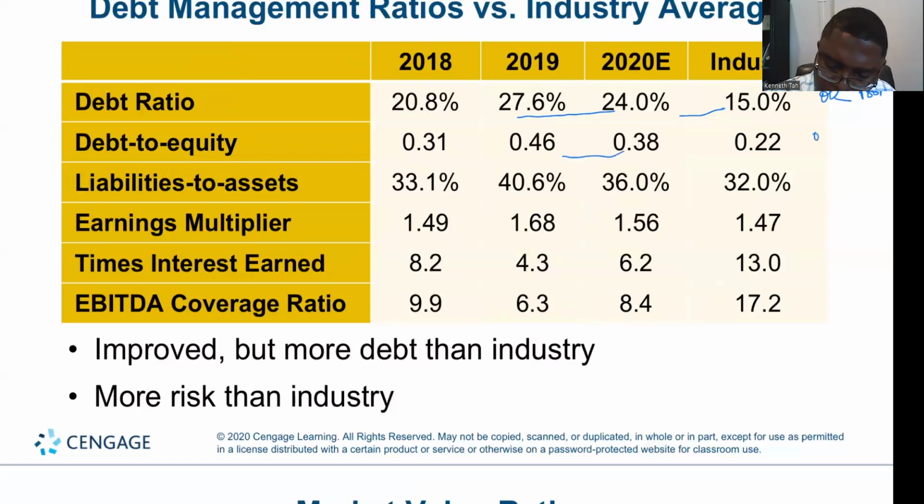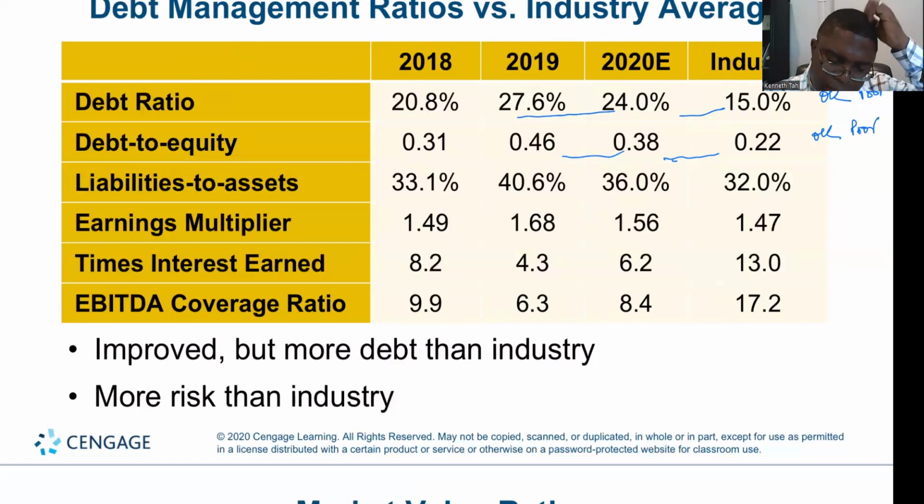Indebtedness goes down, okay. Indebtedness is very high, which can lead to inability to pay on their debt obligation or bankruptcy. So this is poor.